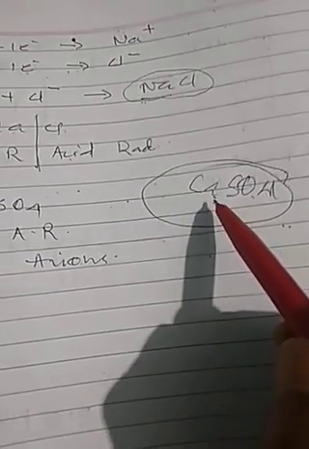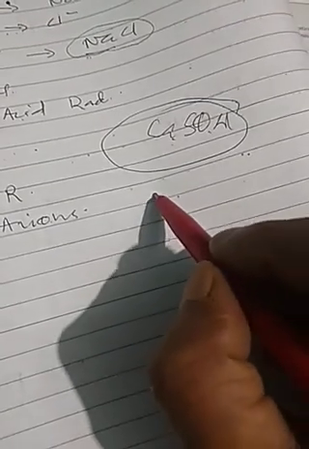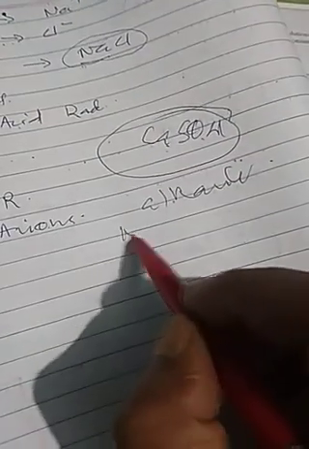Here we will do some reactions with alkalis. Alkalis mainly sodium hydroxide, potassium hydroxide and ammonium hydroxide, not the fourth one, calcium hydroxide.